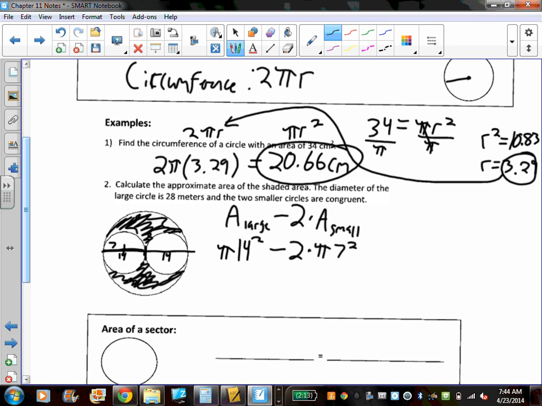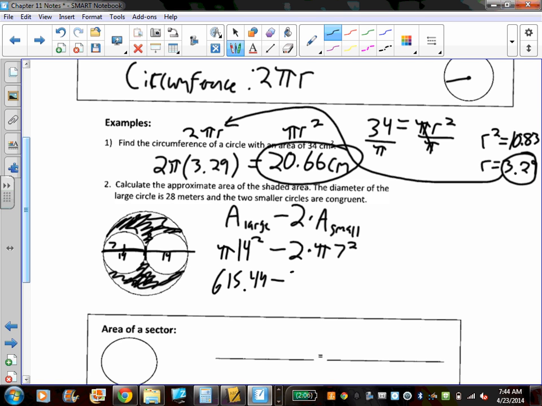So let's do these calculations and then do the subtraction second. If we want pi times 14 squared, that's 3.14 times 14 squared. Should be getting something around 615.44 for that. And then we're going to want to do 2 times 3.14 times 7 squared.